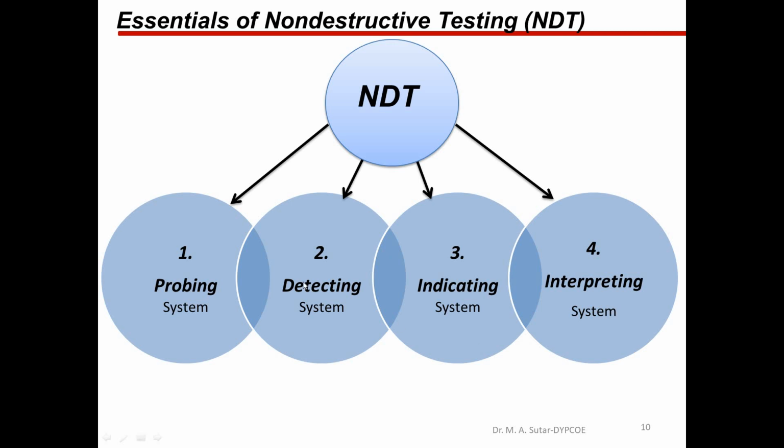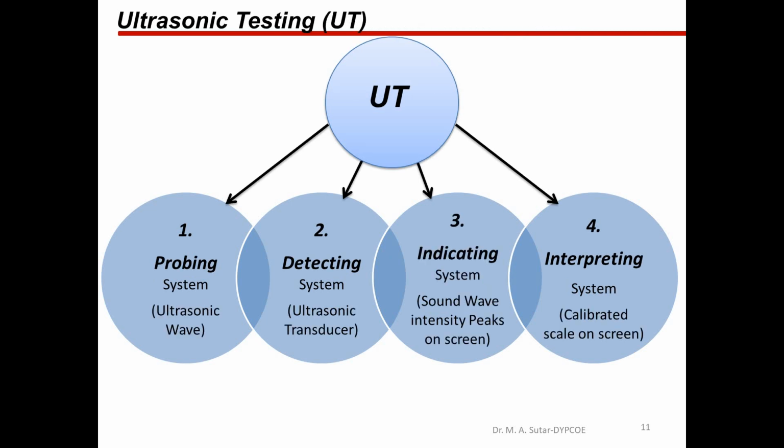Some sensors are used to detect the faults or the disorders, and these disorders will be shown either on the screen or in the form of some pattern. It is known as indication. So an indicating system is also required. And the fourth point is nothing but interpreting these results so that we can give the guarantee of that particular material. So interpretation may be computerized, may be manual.